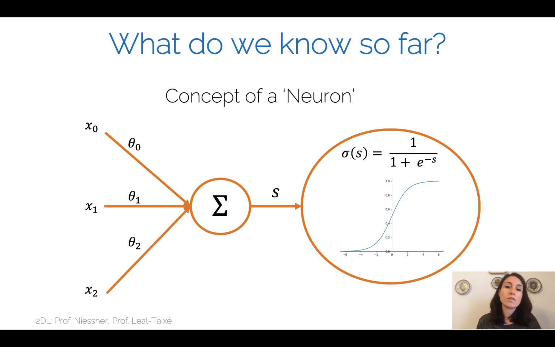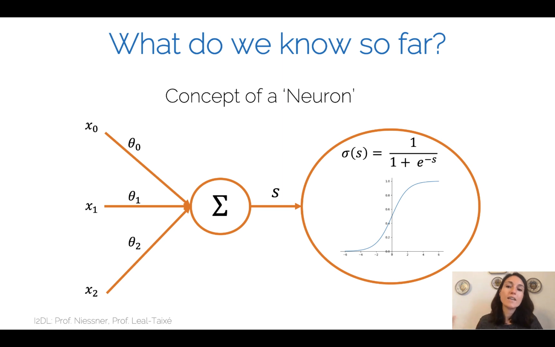We introduced the concept of a neuron. What exactly are the operations inside this neuron? It's not really black magic. It's a set of linear operations plus a nonlinearity that brings this score to a value that is, for example, between 0 and 1 in the case of a sigmoid.